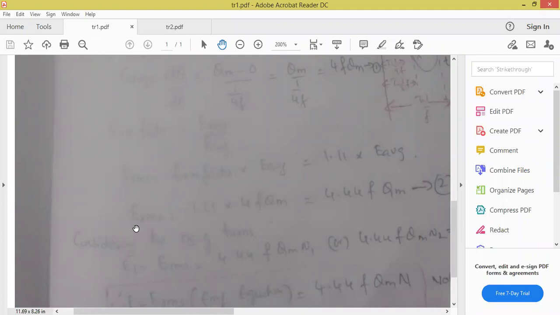So we write the expression ERMS equals 1.11 into E average, 4f phi m, that is 4.44 f into phi m. This is equation 2. So how much electricity is transferred from primary to secondary? 4.44 into f into phi m, the magnetic flux of the rectangular iron core. If you buy a transformer, they will give you the frequency value and the rectangular iron core.